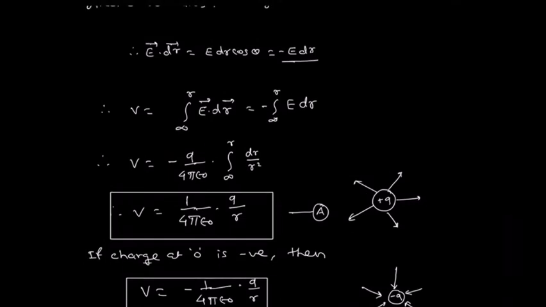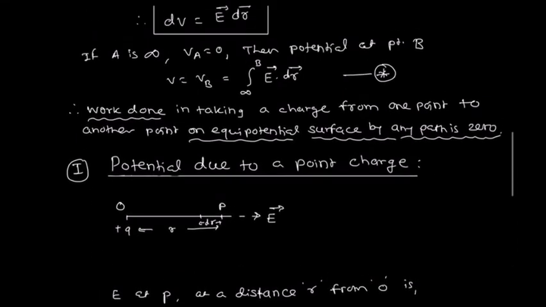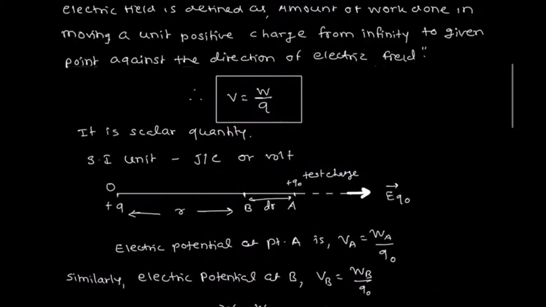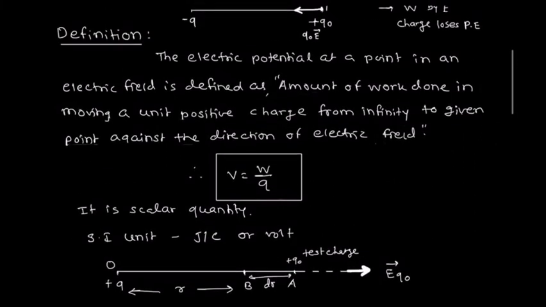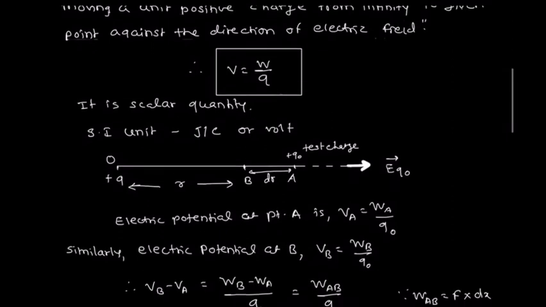Hence, in today's lecture, we have found what is electric potential. We define the electric potential as the amount of work done in moving a unit positive charge from infinity to a given point against the direction of electric field, and it is the ratio W by Q. It is scalar. Unit is joule per coulomb or volt.